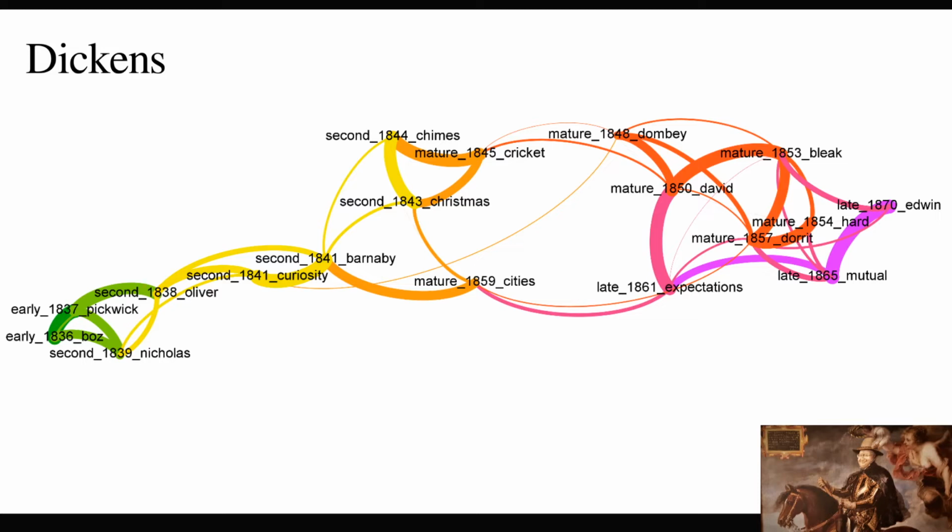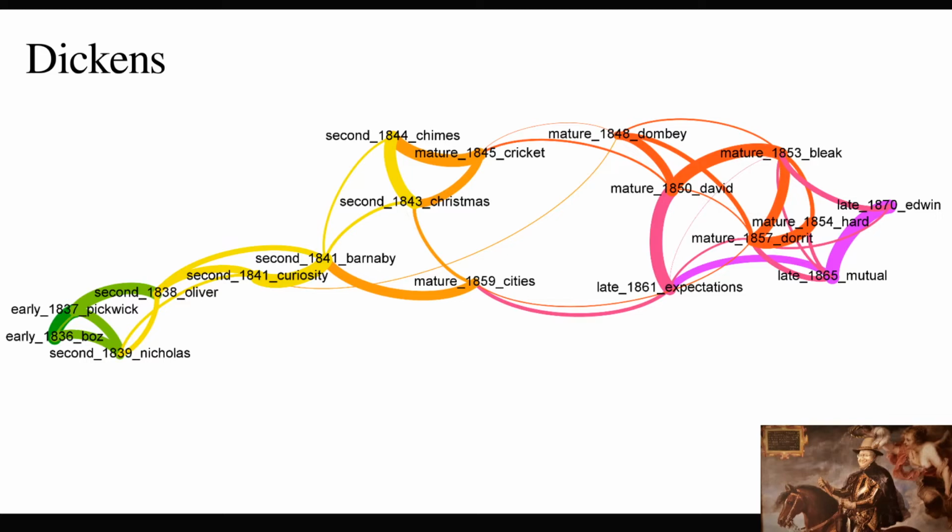Anyway, what is more, the coloring of the text was based not on anything the computer might or might not know. Green denotes the texts that are used by traditional Dickens scholars as the experimental period, the first period of Dickens's oeuvre.